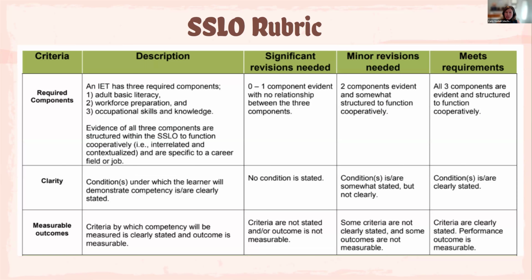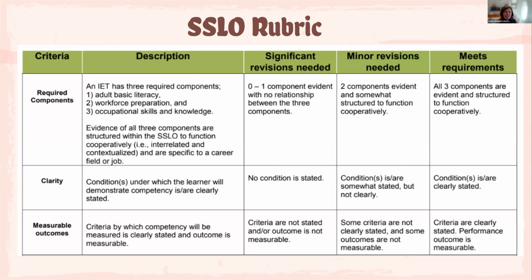There are 3 basic criteria that I'm looking at when I evaluate SSLOs, and the criteria are over on the left. It's got to have all 3 of the required components of IET. I think we've listed them a few times this afternoon.